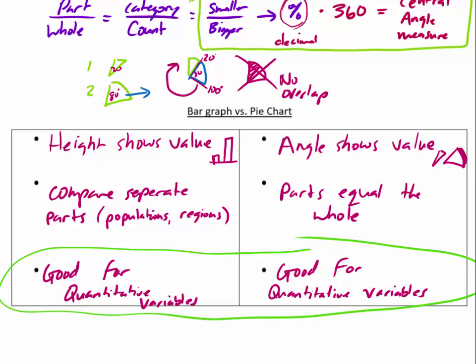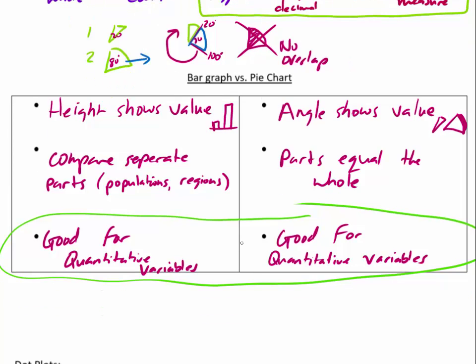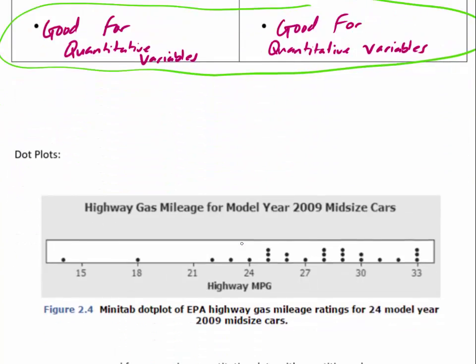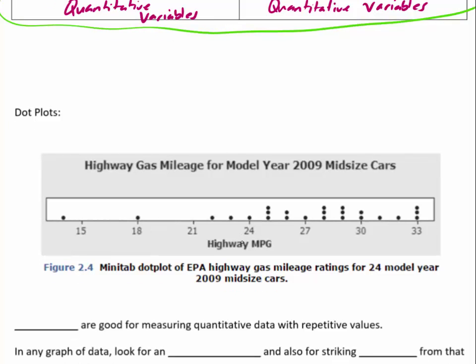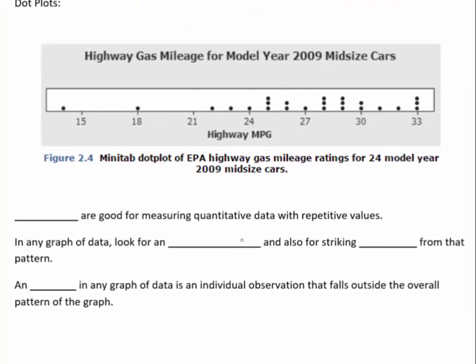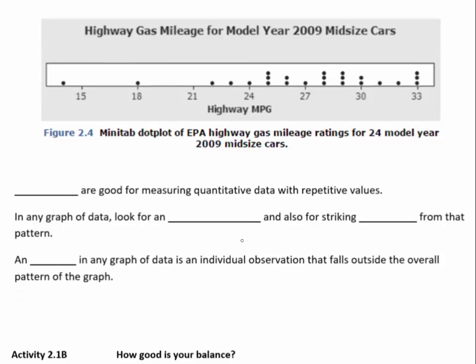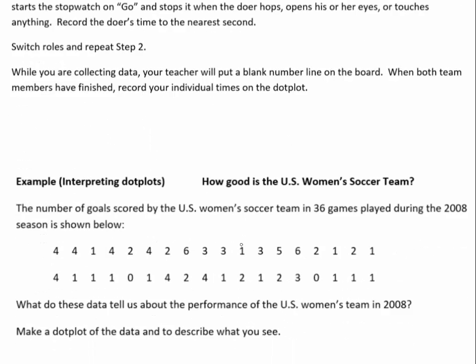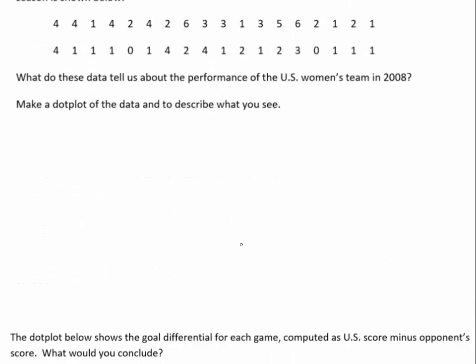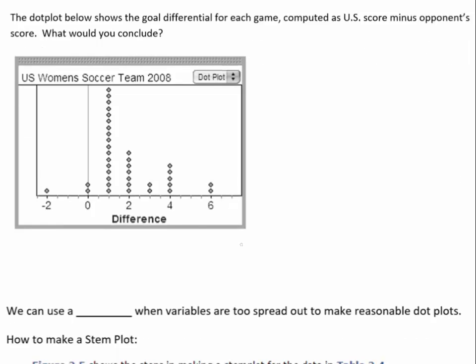So if you need to go back and watch any of this, that might be a good thing to do. And possibly with the rest of your class period, you might want to look into some of the next things that we're going to be covering on Monday when I get back. Dot plots is going to be one, which are very similar to bar graphs. They're also very similar to histograms. We're going to be doing some projects here with dot plots.